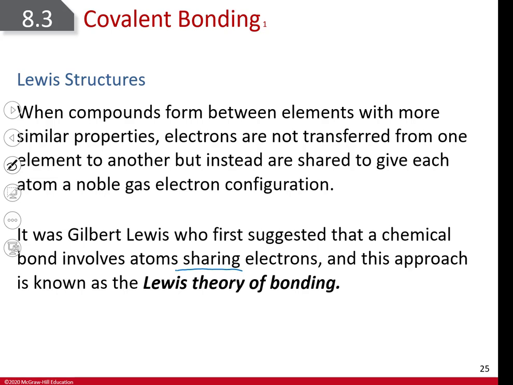So same idea happens here. They both want something, but now instead of transferring electrons, they are going to share the electrons so that both of them end up feeling like they're isoelectronic with a noble gas.